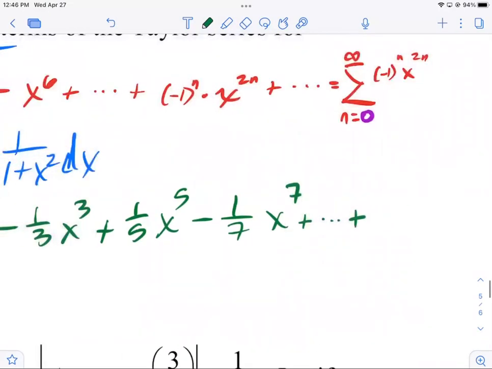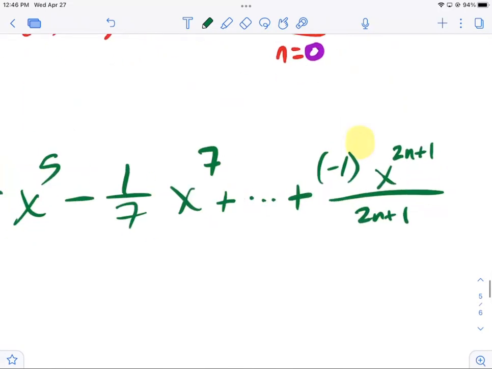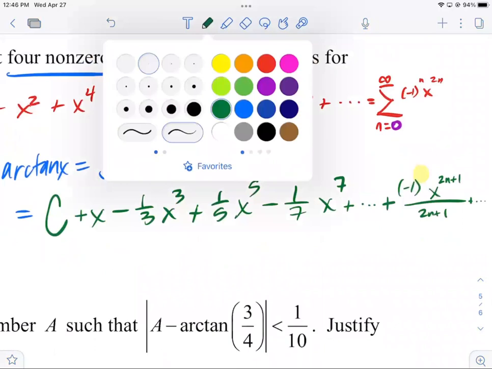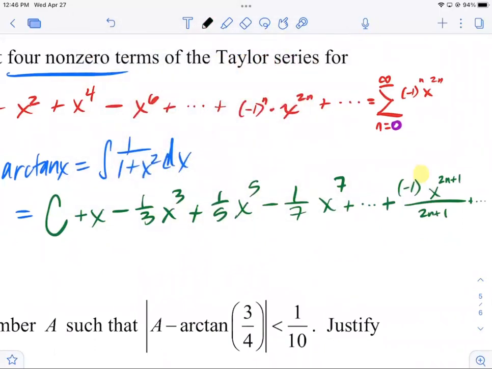Now, how am I going to integrate the general term? We're going to have -1 to the something power. I can pull that out, but I can just do what I did over there. It's x to the 2n plus 1 divided by 2n plus 1. Add 1 and divide by the new exponent, plus dot dot dot. Now I want to check that the value of n that gives me an x has the correct sign.